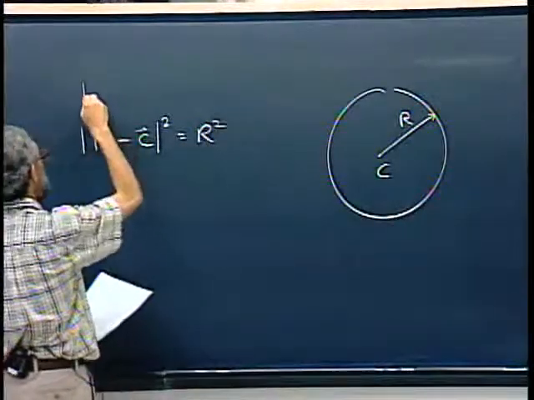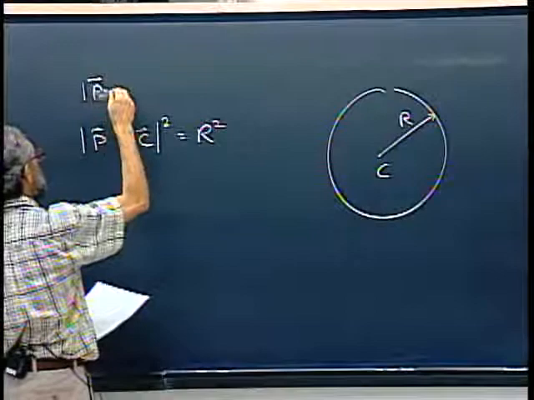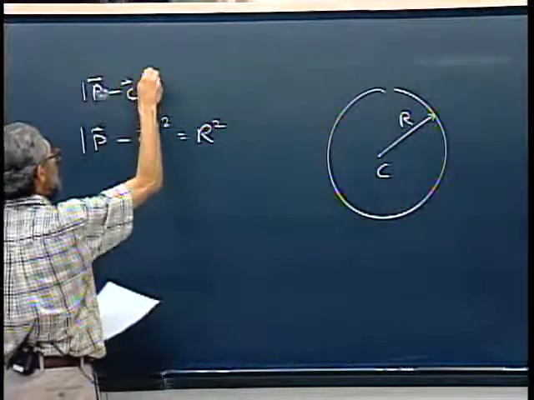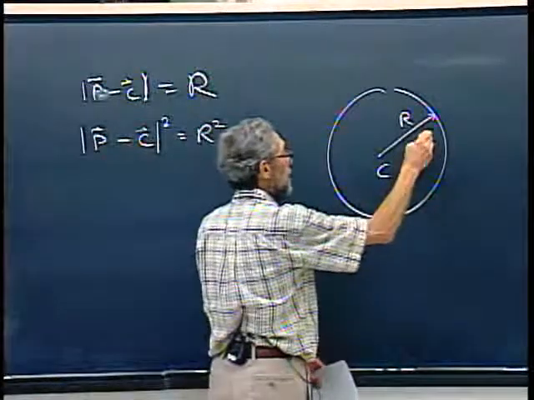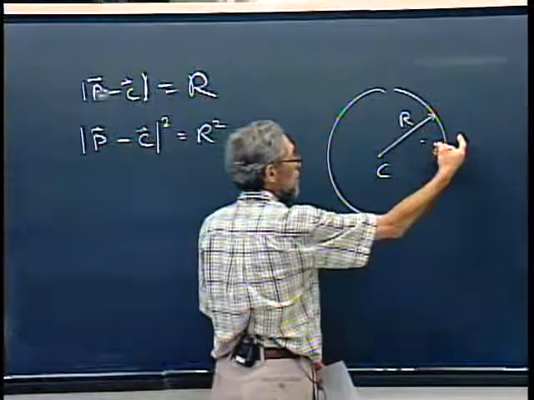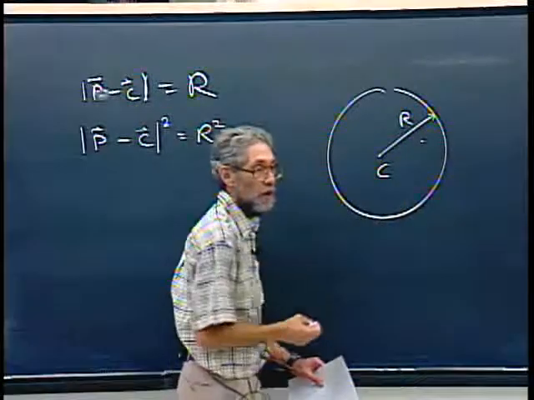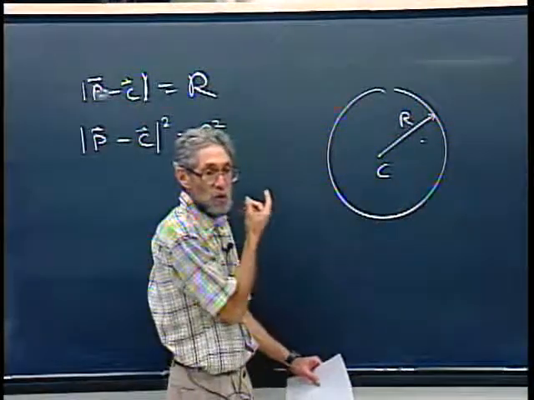Really, I could just say the distance, p minus c, equals r, right? This point here has less than r distance. This point here has more, and one that's right on the sphere, it'll be equal. But then there's a square root involved.